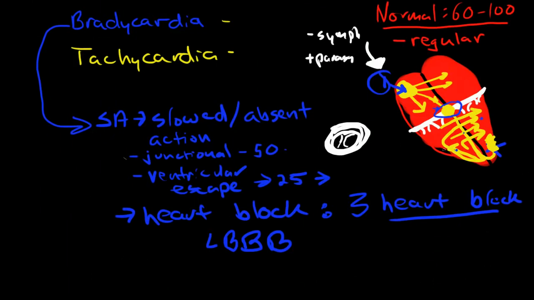So this does slow the depolarization of the ventricle, which is why we end up with a widened QRS complex, but it generally does not slow the heart rate, because the action potentials are able to cross the ventricles. So it's really only things that deal with the AV node that prevent the action potential moving from atria to ventricles that can cause bradycardia.